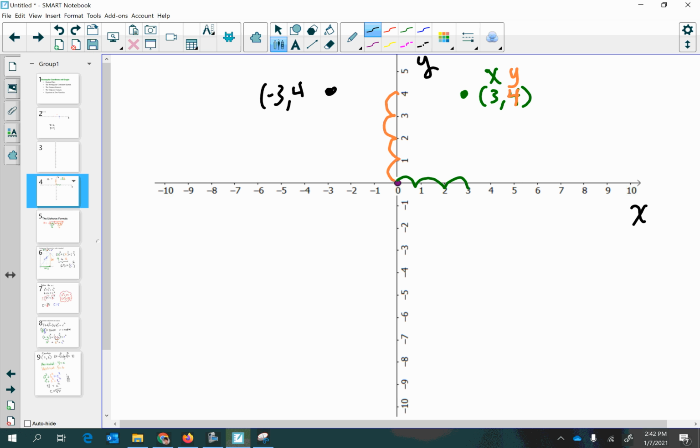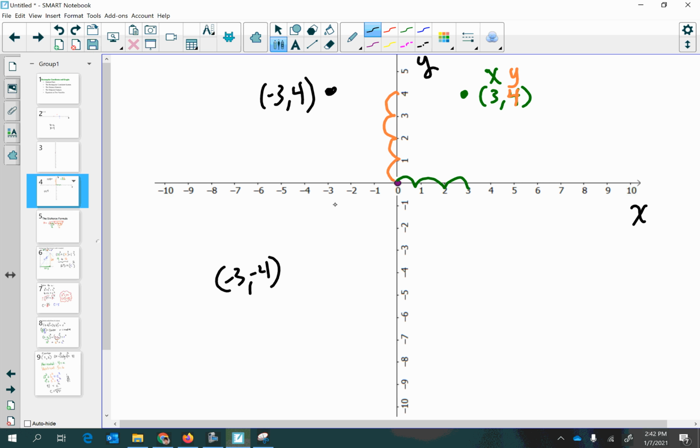So notice that the y value stayed the same while the x value changed, and they're the same height because the vertical location, the vertical address, is the same, but the horizontal version is negative now. What about the point -3 and -4?